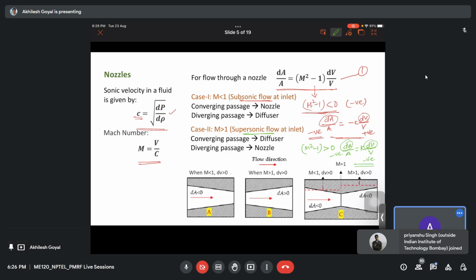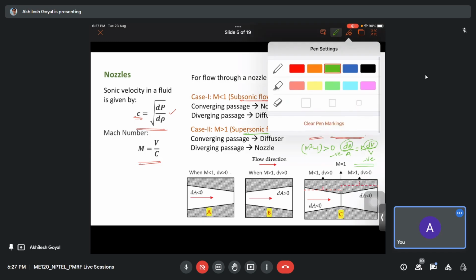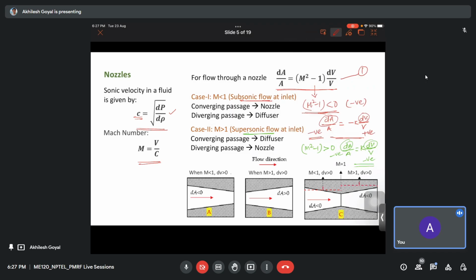And at this point in the third figure, when the velocity of the steam or fluid becomes the sonic velocity, means M is equal to 1, then the next part of this nozzle is the second case, where we are achieving the supersonic velocity, and a diverging passage works as a nozzle.